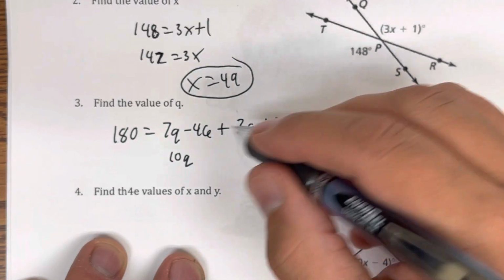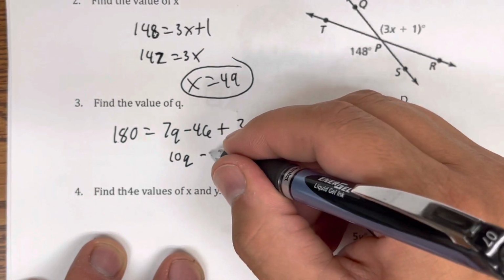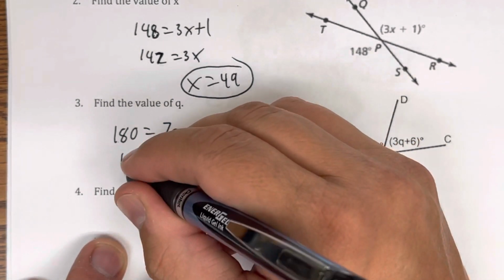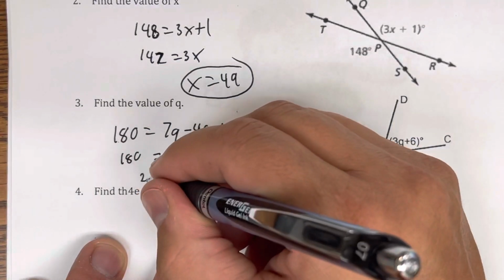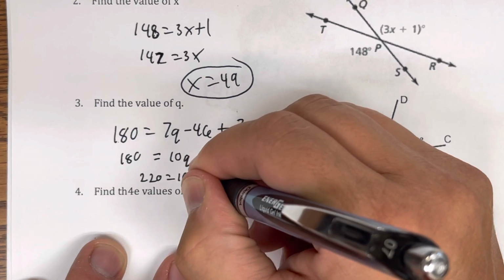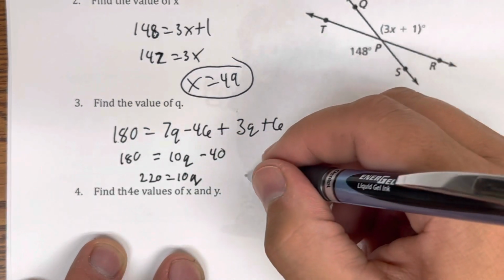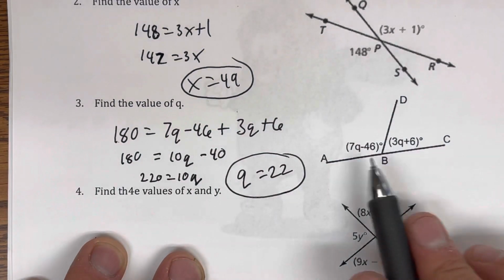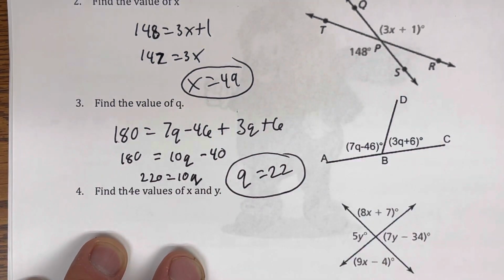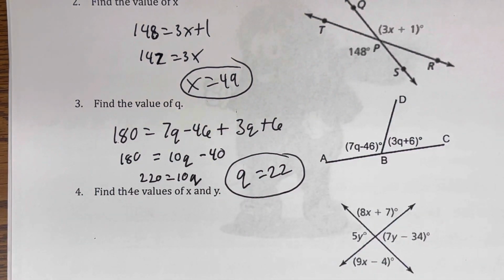Negative 46 plus 6 gets me negative 40. Let's add our 40 to both sides, and I have 220 equals 10q. And when we divide, q is equal to 22. So main thing here, two angles, they made a line. They have to add up to 180.